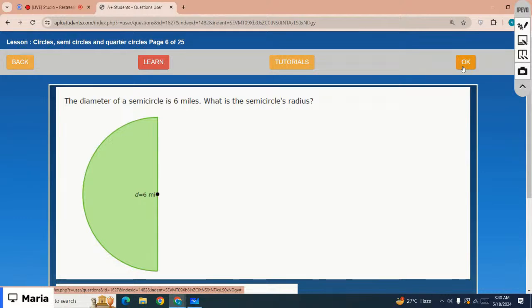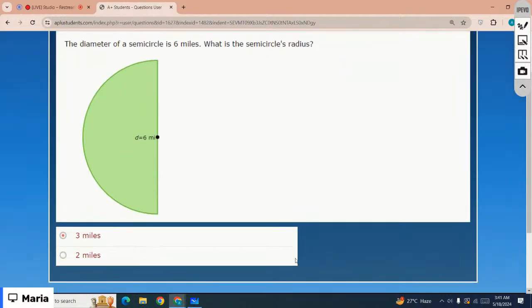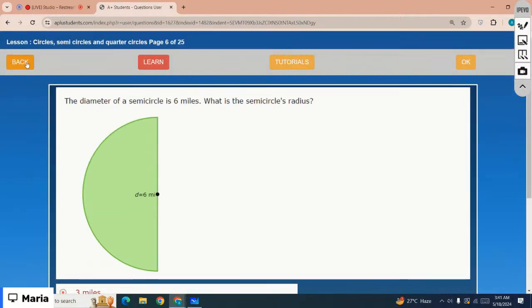The diameter of the circle is 6 miles. What is the semicircle's radius? Yes, the correct option is 3 miles. You can complete the lesson by yourself later today.